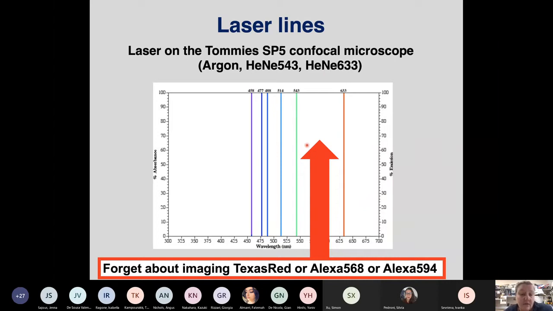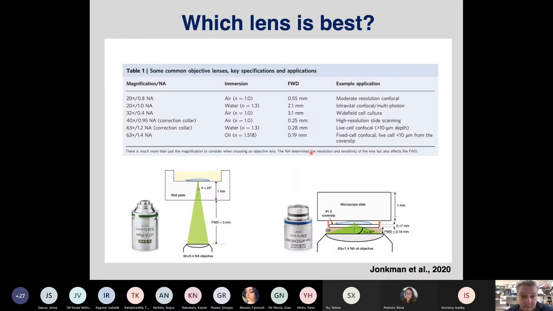And therefore you will have wasted an experiment, because no matter that this beast cost 1,000 pounds when it was bought, it will not be able to excite your fluorochrome. So when you plan your experiments, make sure that you know what the toy you're using for the imaging can actually do, because there are confocals around that have a line here in the middle as well.